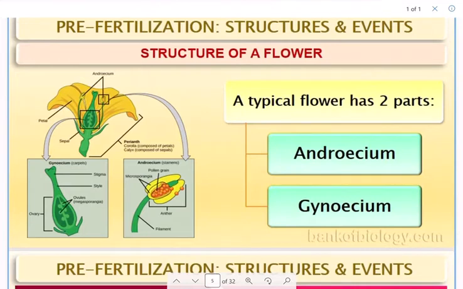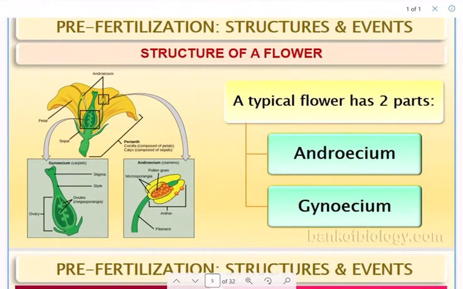So the typical structure of a flower, of course already we said yesterday, a flower consists of 4 whorls. The green sepals will be there outside. When the flower is in the bud stage, it gives protection, and we call it calyx. Then the colorful, very fragrant petals will be there, and this group of petals is corolla.